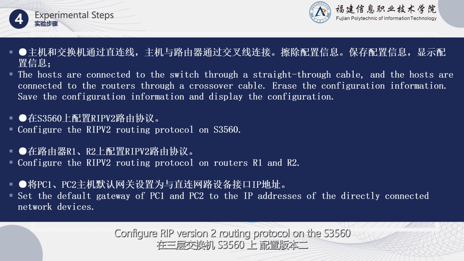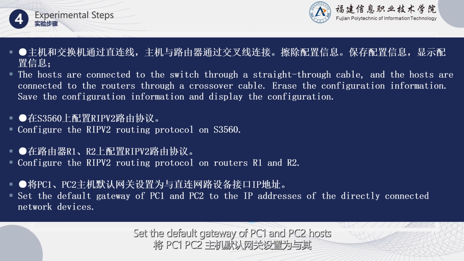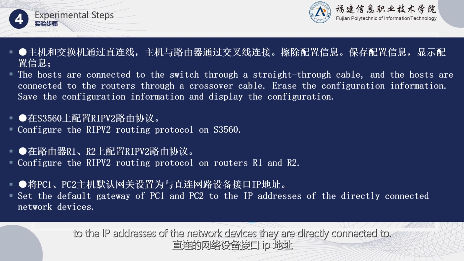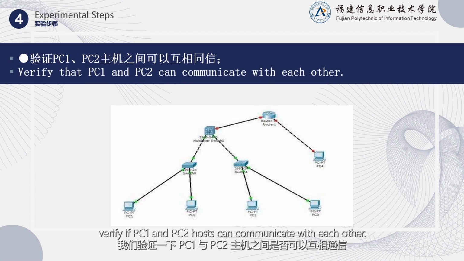Configure RIP version 2 routing protocol on the S3560 layer 3 switch and RIP version 2 routing protocol on router R1 and R2. 3. Set the default gateway of PC1 and PC2 hosts to the IP addresses of the network devices they are directly connected to. 4. Finally, verify if PC1 and PC2 hosts can communicate with each other.